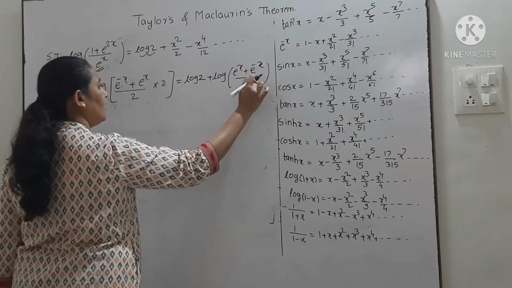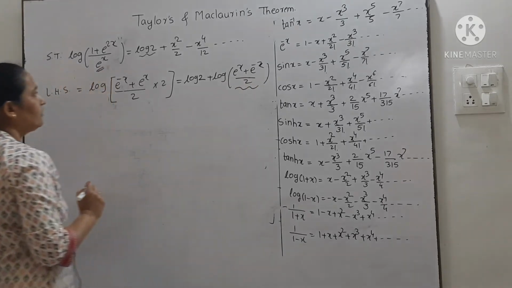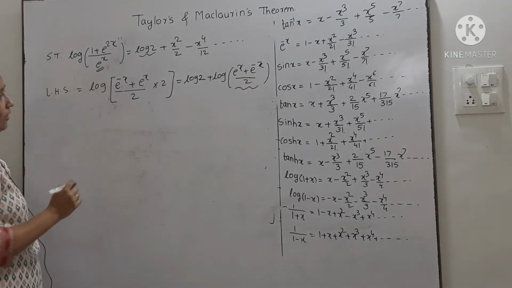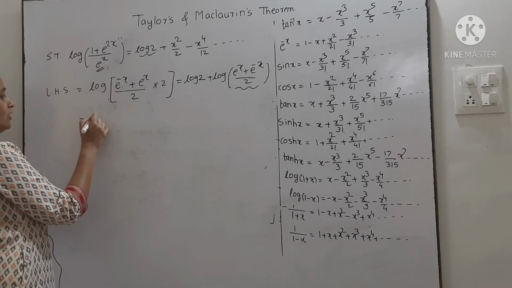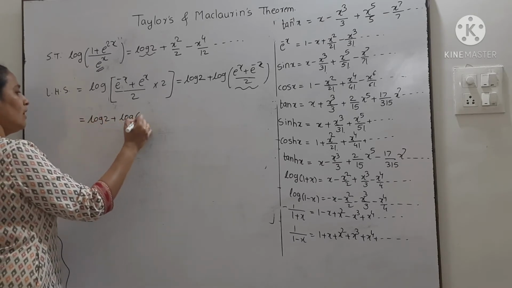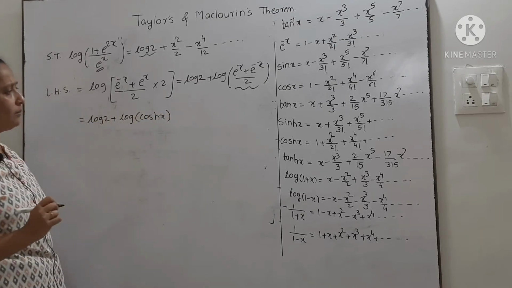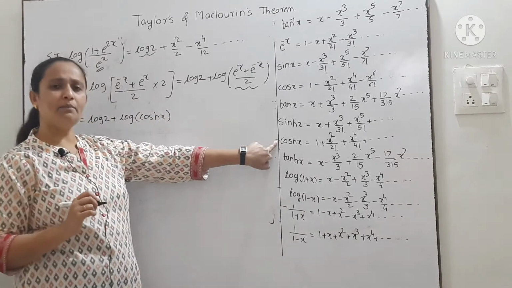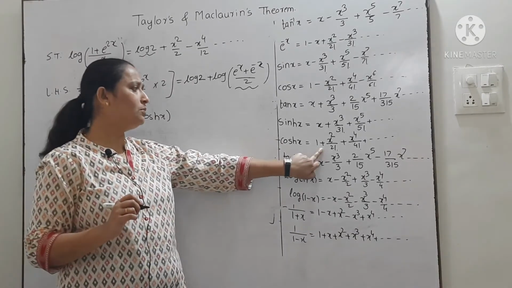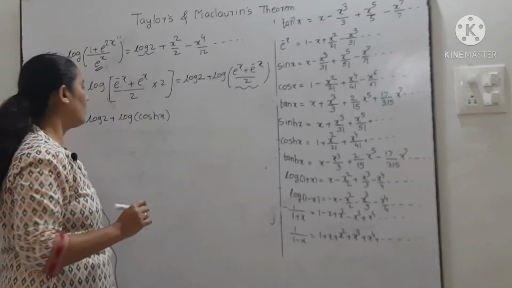If we remember the definition of hyperbolic cos x, this is the definition of hyperbolic cos x. So if I substitute the value, log 2 plus log of hyperbolic cos x, and we know the expansion of hyperbolic cos x, that hyperbolic cos x is equal to 1 plus x square upon 2 factorial plus x raised to 4 upon 4 factorial.